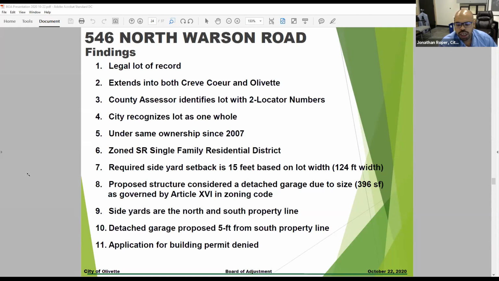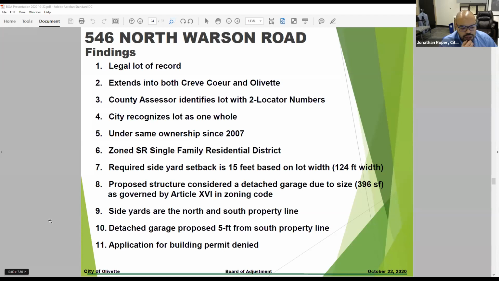A shed of 120 square feet or less is considered a shed, and anything above that fits into this category. They are governed by Article 16, the Accessory Structures and Uses, of Chapter 400 of the Olivette Municipal Code. The side yards of the lot are to the north and to the south. On the Worcester Road side is the front yard, and towards the east is the rear of the property.